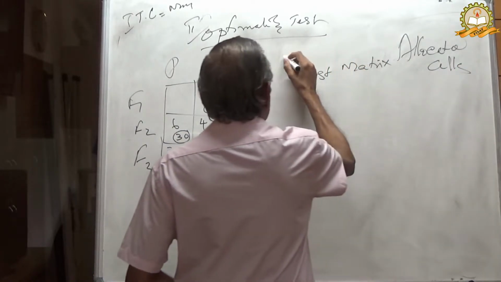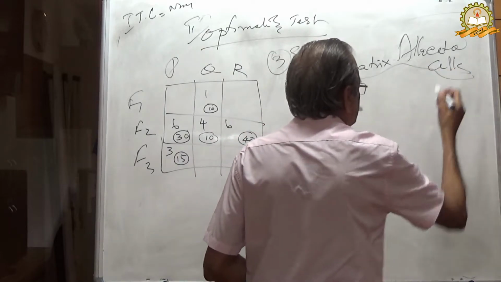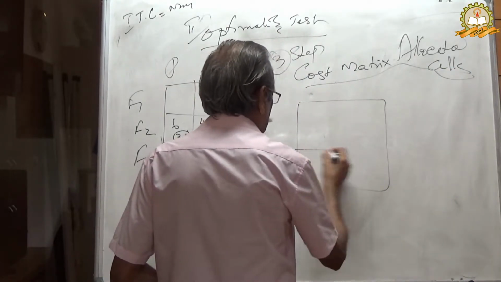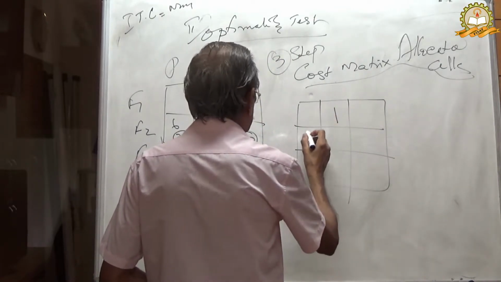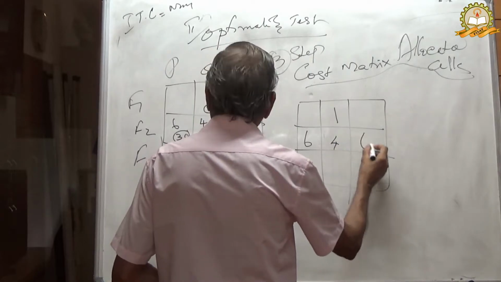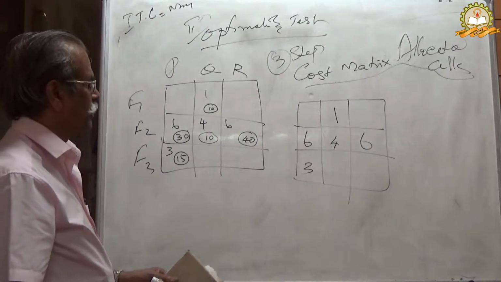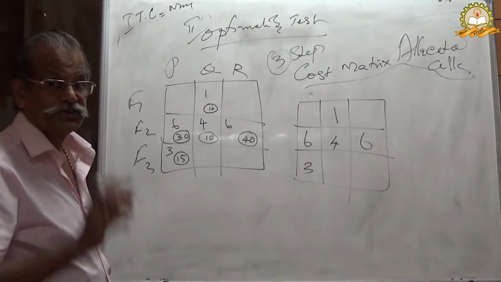Step number 3, cost matrix for the allocated cells, namely we have 1, 6, 4, 6, 3. For the allocated cells you have 1, 6, 4, 6 and 3 cell values.